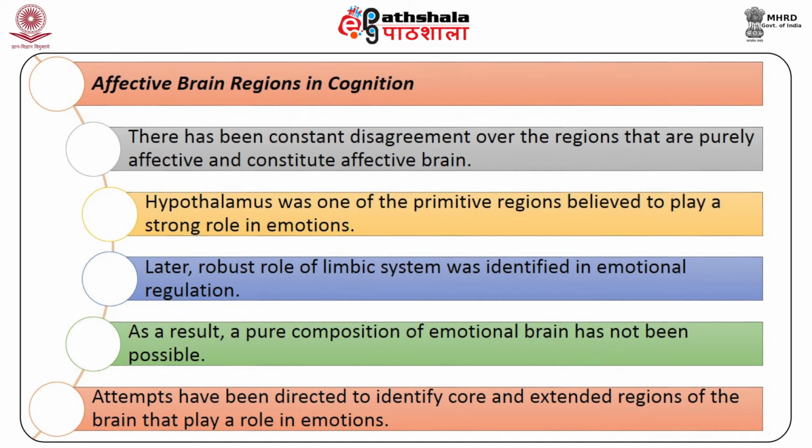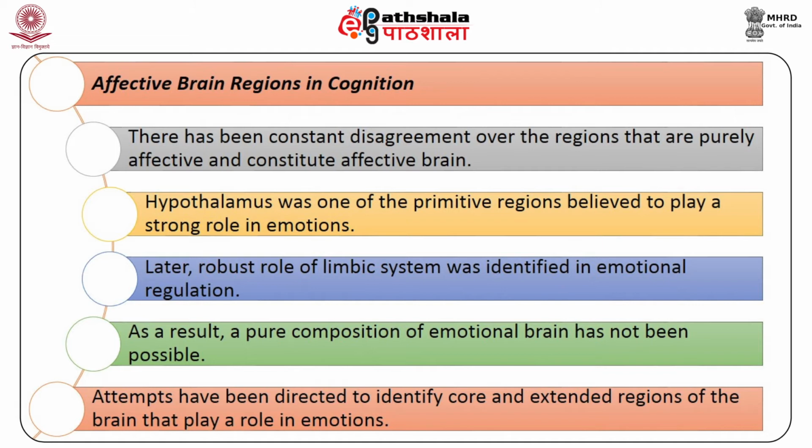Affective brain regions in cognition. There has been constant disagreement over the regions that are purely affective and constitute the affective brain. Hypothalamus was one of the primitive regions believed to play a strong role in emotions. Later, a robust role of the limbic system was identified in emotional regulation.